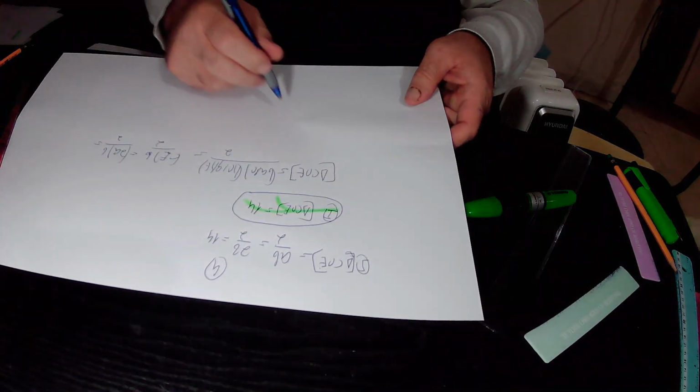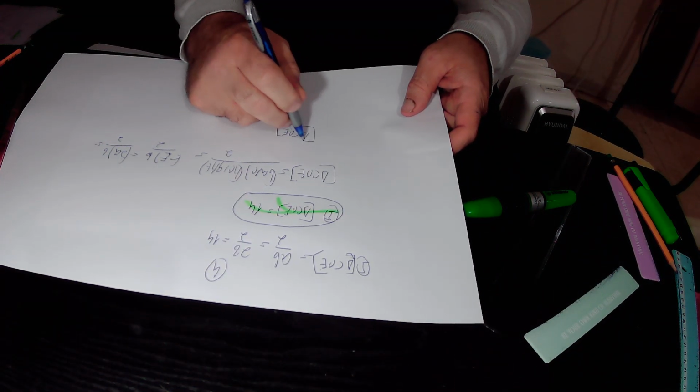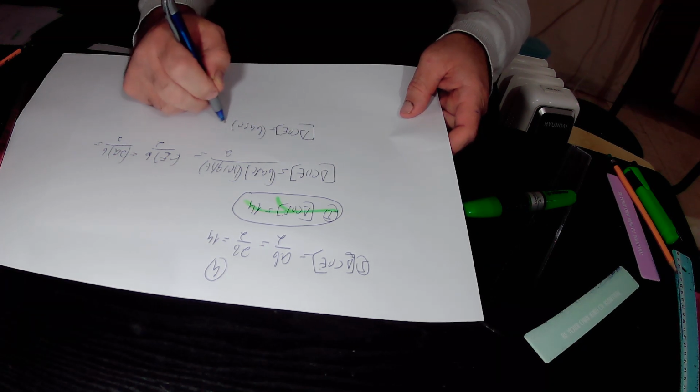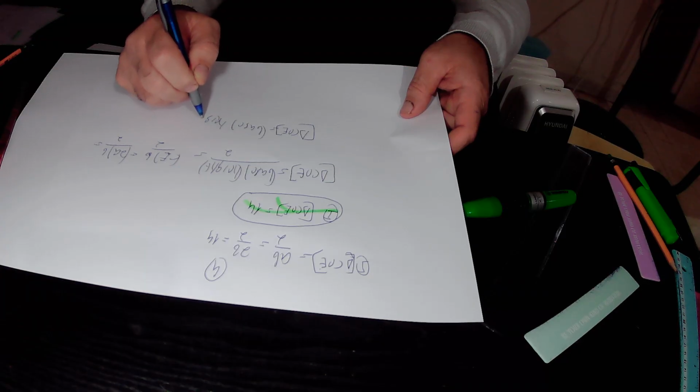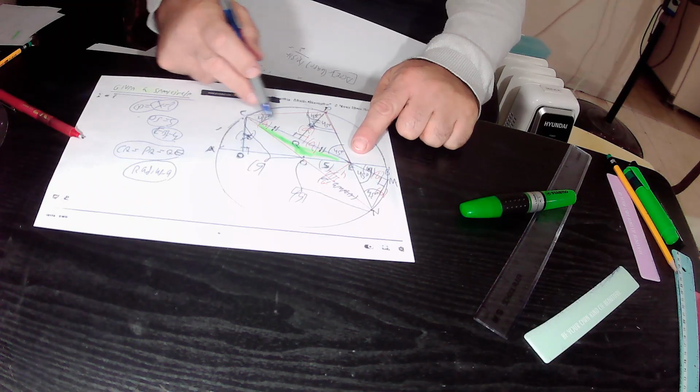So the area of the triangle COE equals the base of the triangle times the height over 2. Choose the base of this triangle COE as OE.